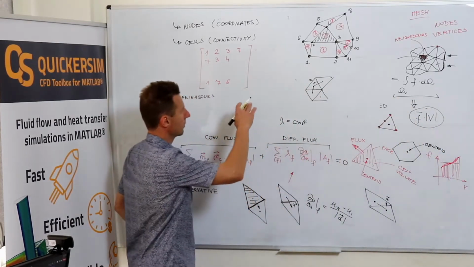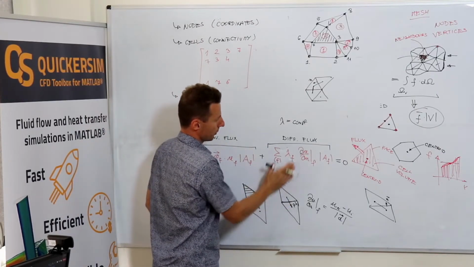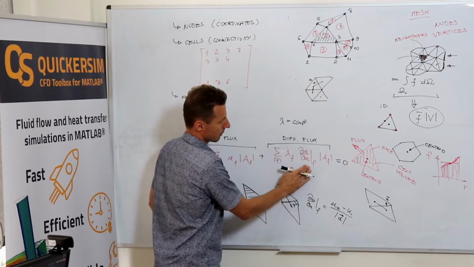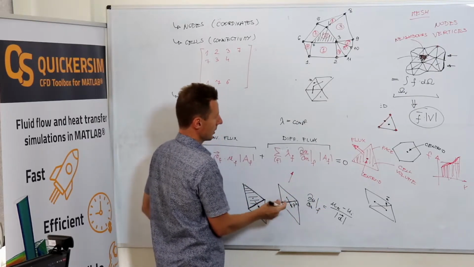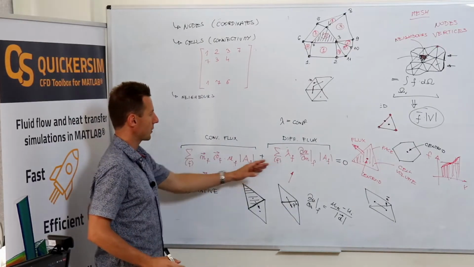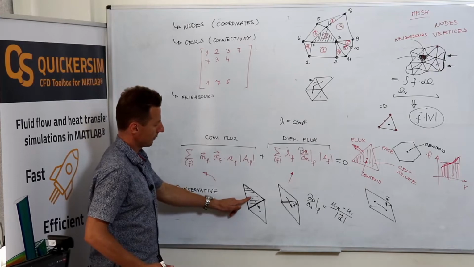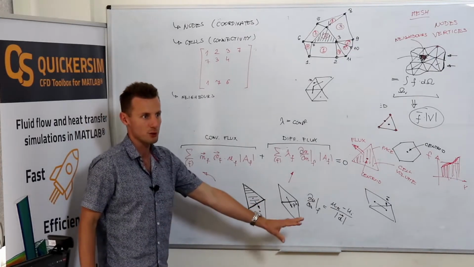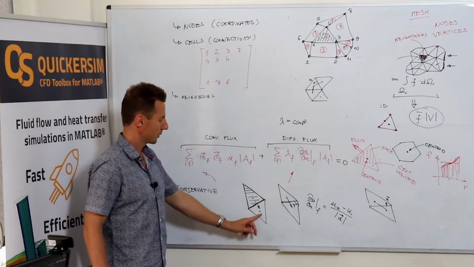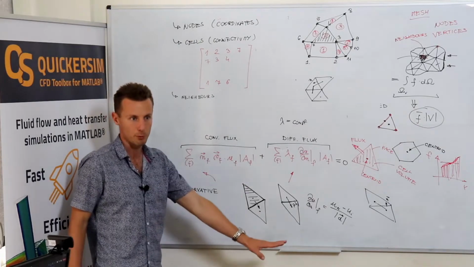Okay, so coming back to the data structures. Now you see we need to compute this gradient. We need to approximate the gradient somehow. To do so, when assembling the equation for our finite volume, we definitely need to get the value of the quantity at the neighboring cells.